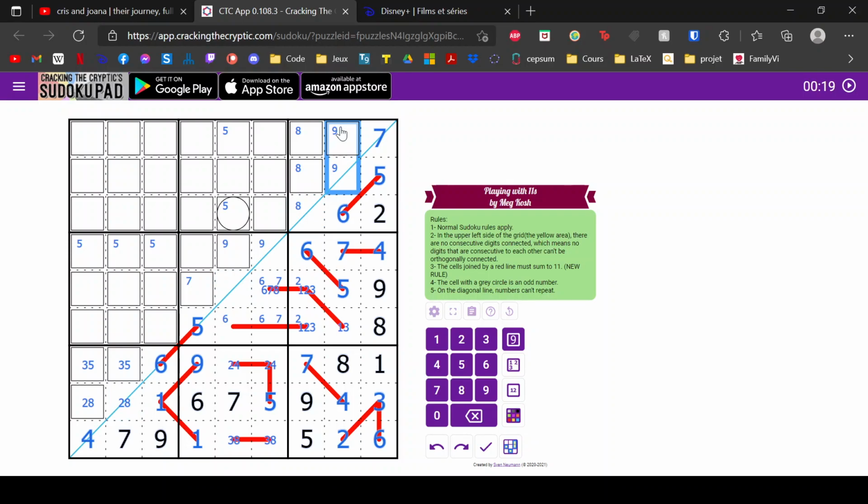1, 3, 9. 2. We have the 4 there too. That's not 4. Okay, so the 9's there, so it's here.